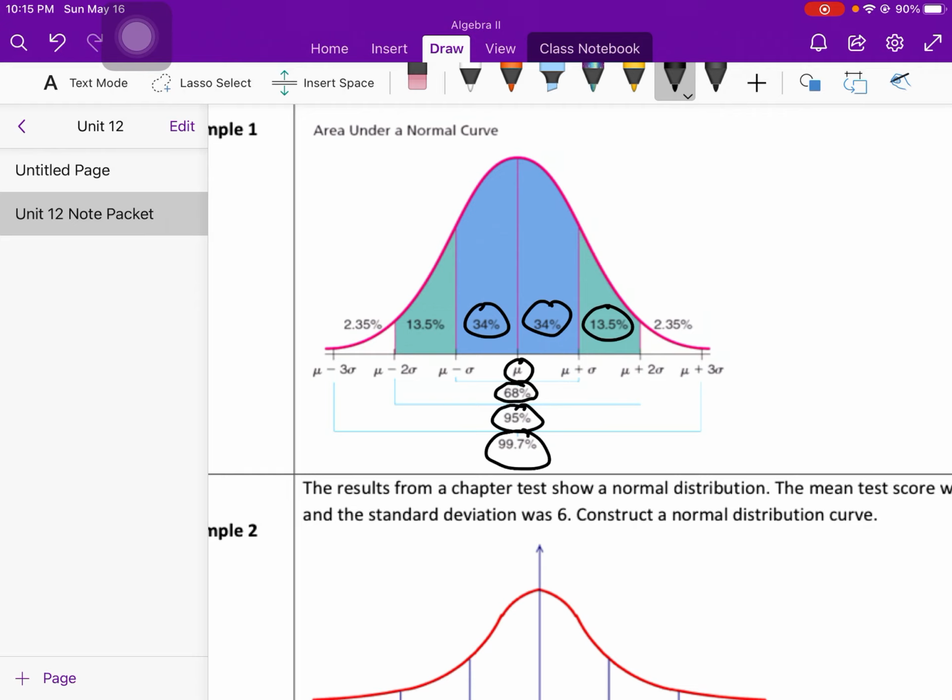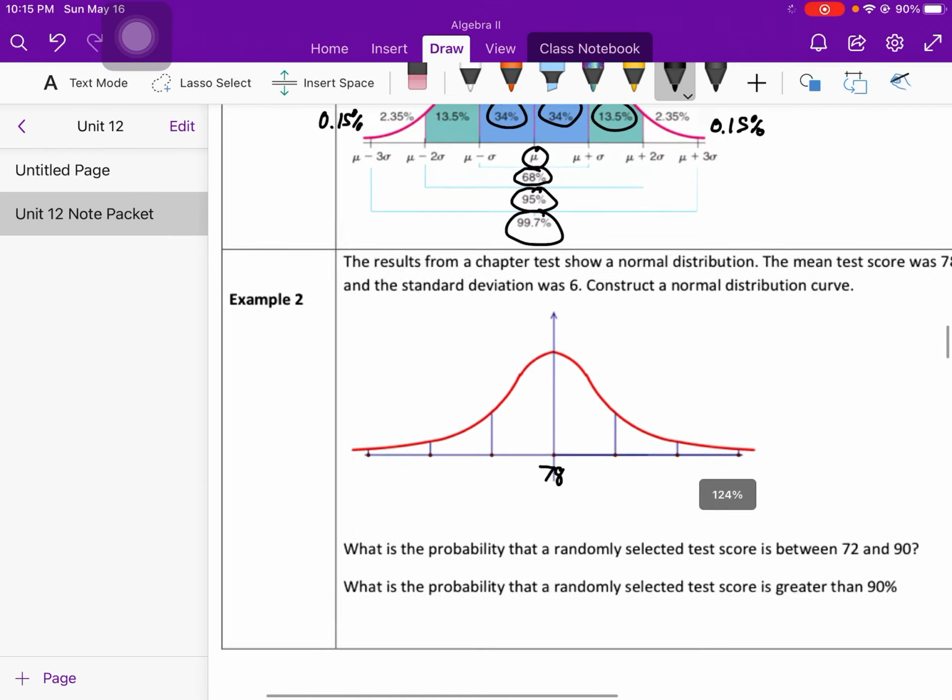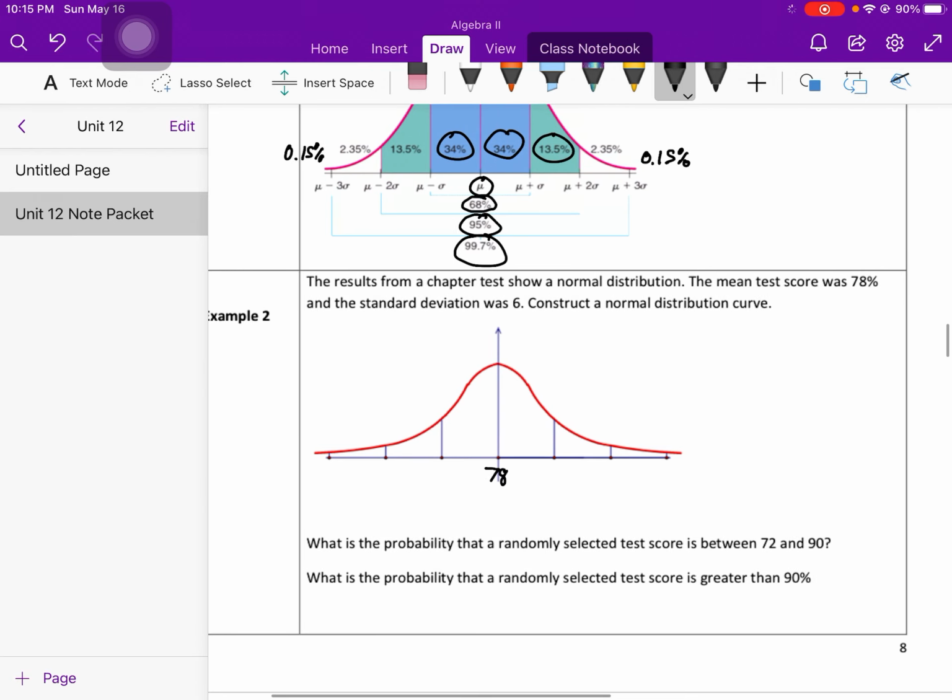Then 99.7% is 3 standard deviations above and below the mean. This doesn't include everything. What we have is 0.15% above 3 standard deviations and 0.15% below 3 standard deviations.